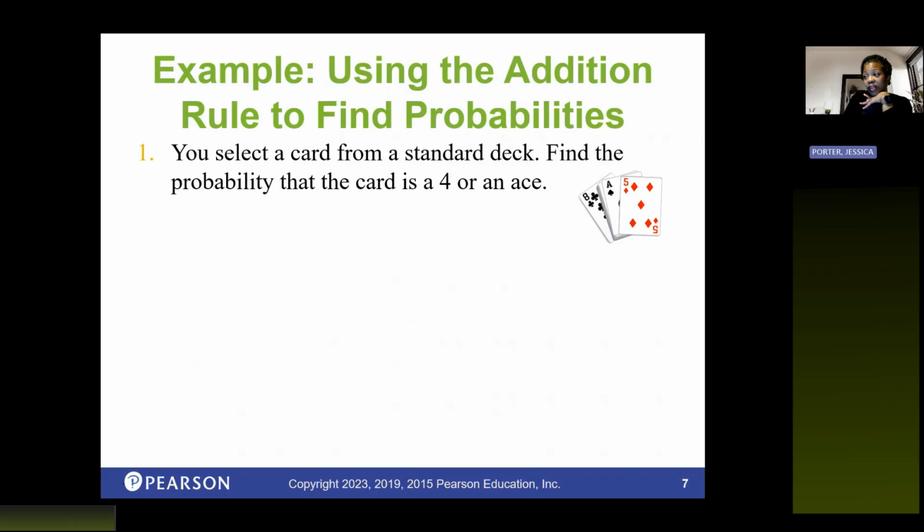All right, let's try it. You select a card from a standard deck. Find the probability that the card is a 4 or an ace. A 4 or an ace. Are they mutually exclusive or no?